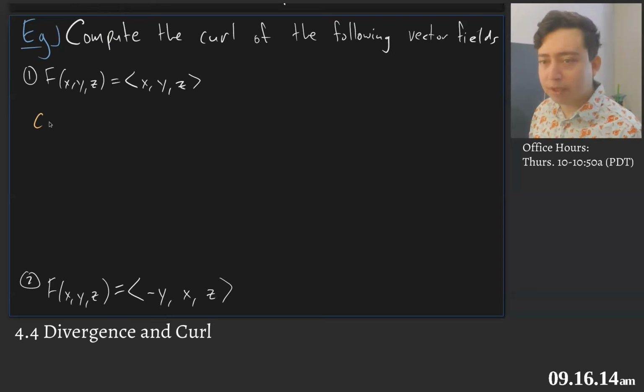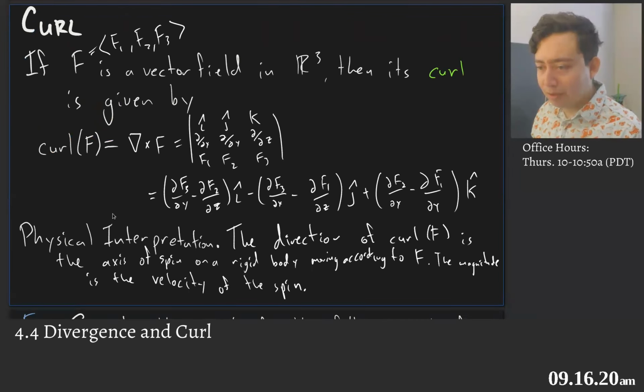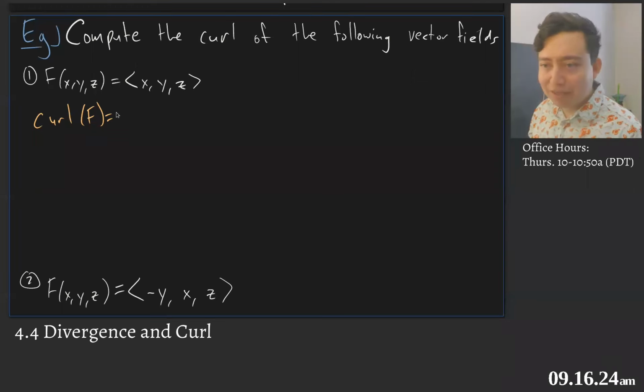Okay, so let's compute the curl here. So we'll take the curl of f. You could memorize this formula here. I think it's probably easier to just set up this matrix every time and just compute the determinant every time.